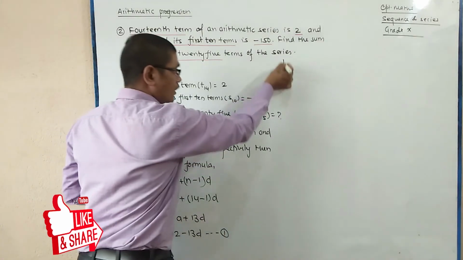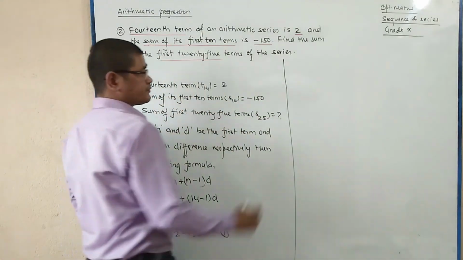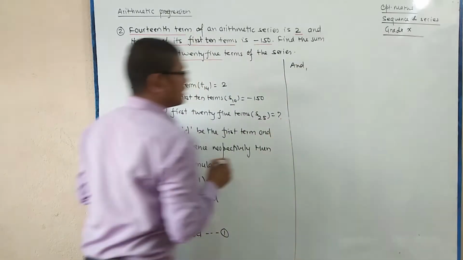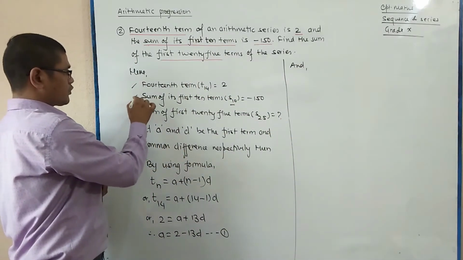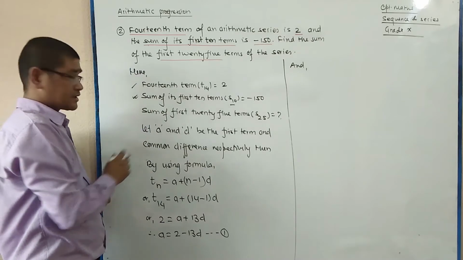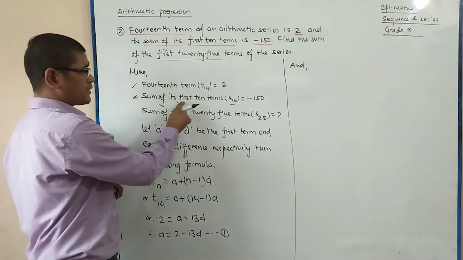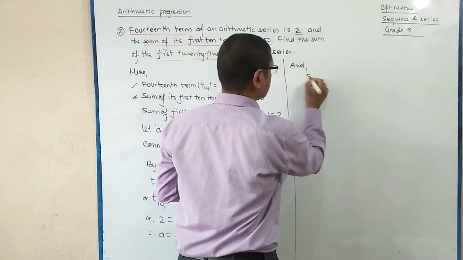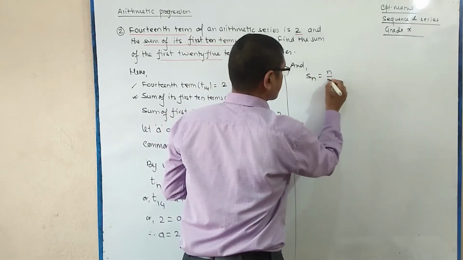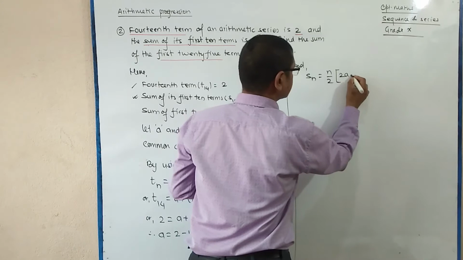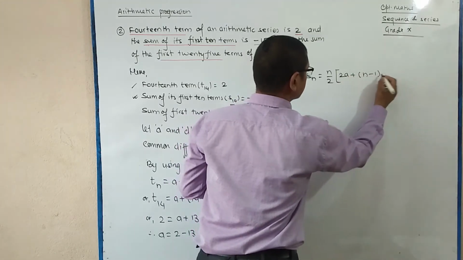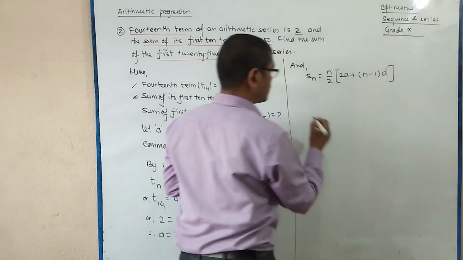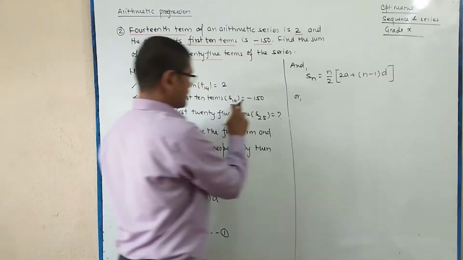Okay, now let's make the equation for the second case. Second condition, the sum of its first 10 terms means S10. So let's give the formula for it. Sn equals n by 2 times (2A plus (n minus 1)D), where n means 10 here.